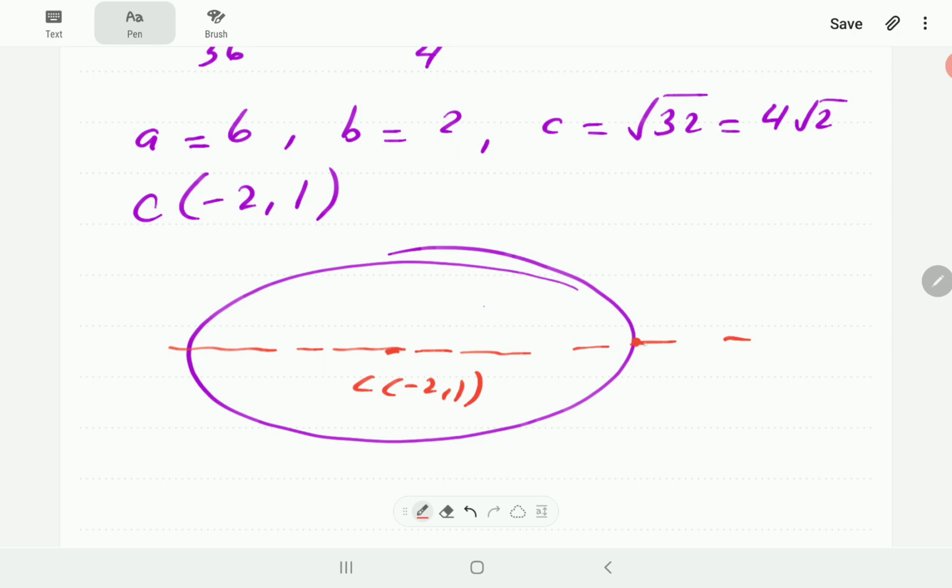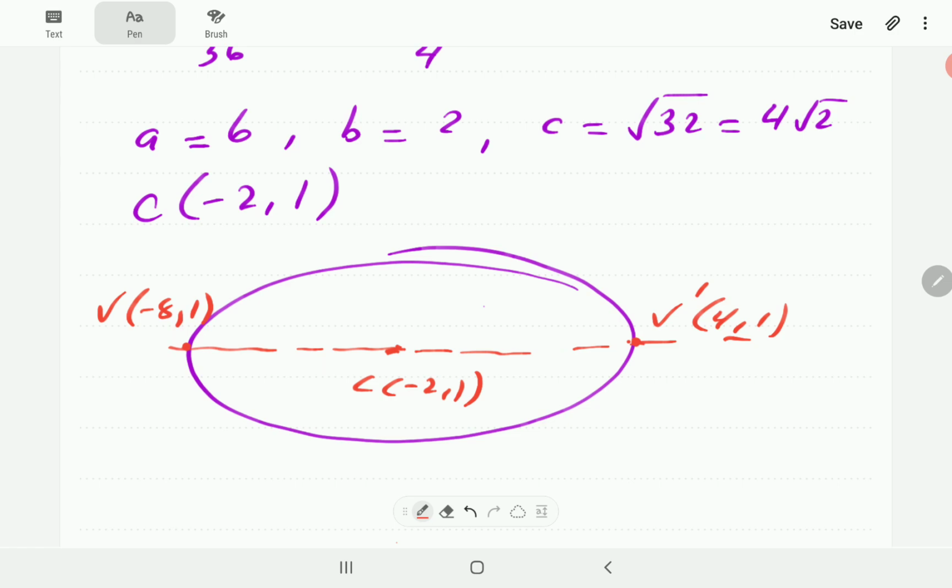And then if we go from here to here, distance of a, so a is 6, this side again a, so that means this one, for instance, is going to be minus 8, 1. This one is going to be 4, 1. Okay.